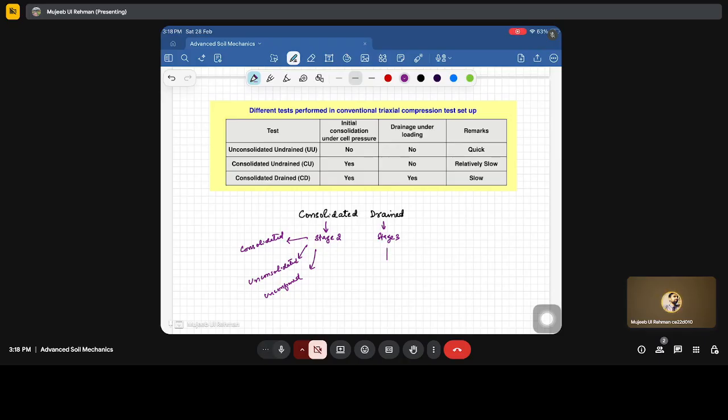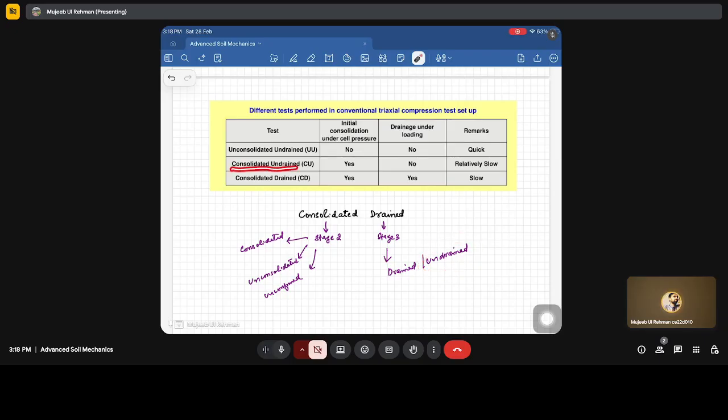Stage 3 can be either drained or undrained. So the naming of these tests is as per the stages. Unconsolidated undrained means that there is no drainage of water during consolidation and no drainage of water during the shearing process.